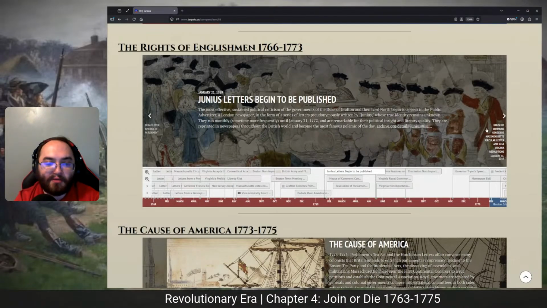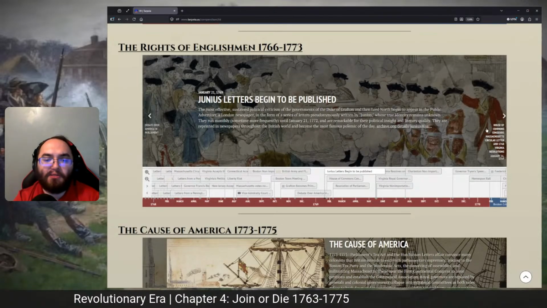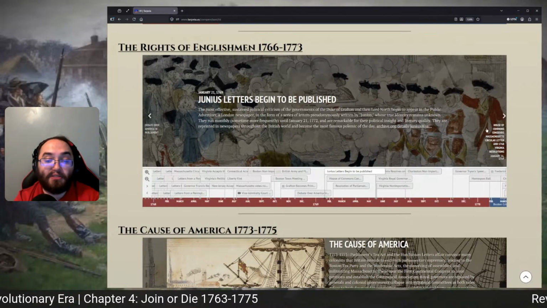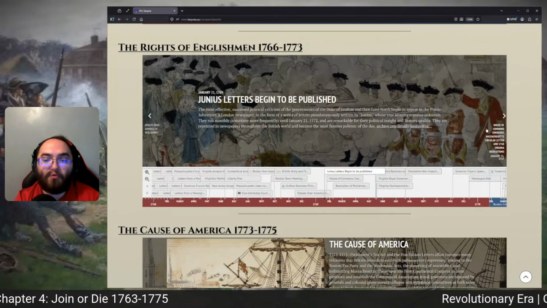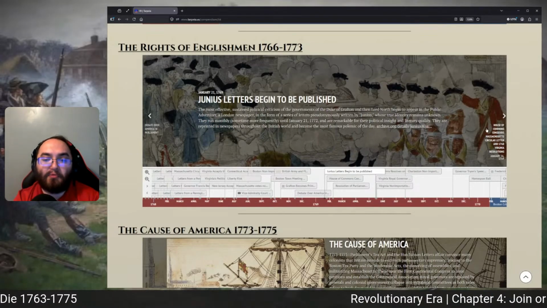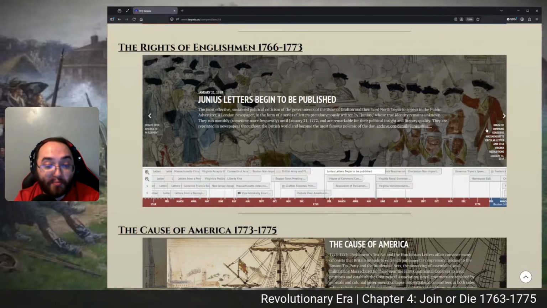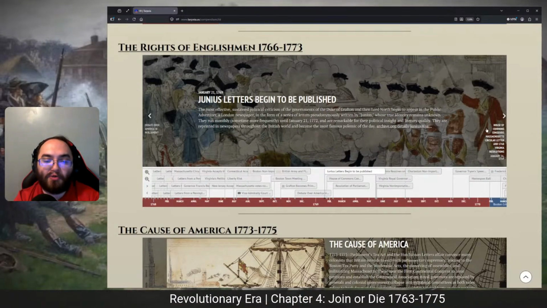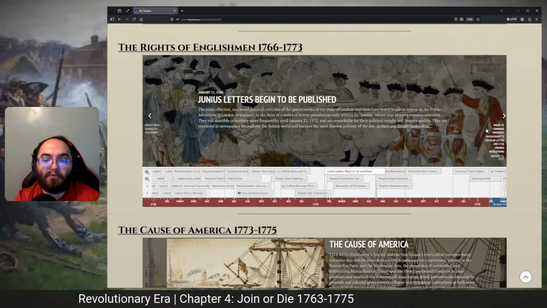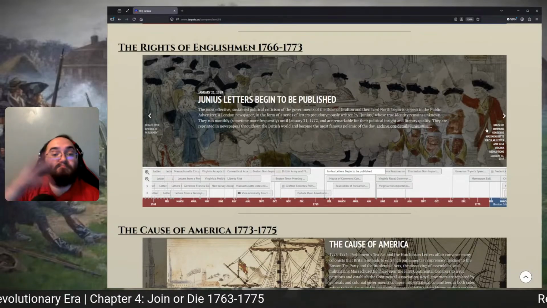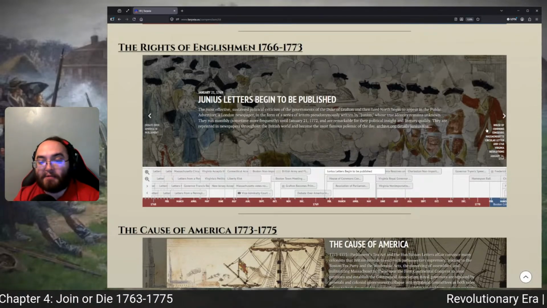They run monthly, sometimes more frequently, until January 21st, 1772, and are remarkable for their political insight and literary quality. They are reprinted in newspapers throughout the British world and become the most famous polemic of the day, mostly in England.